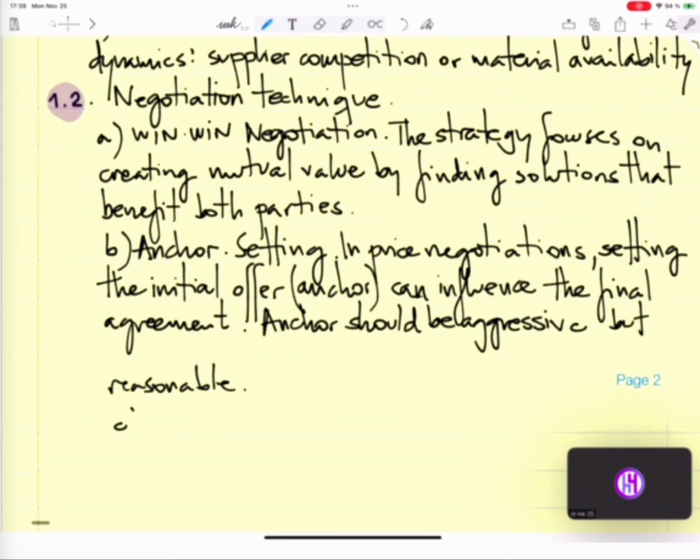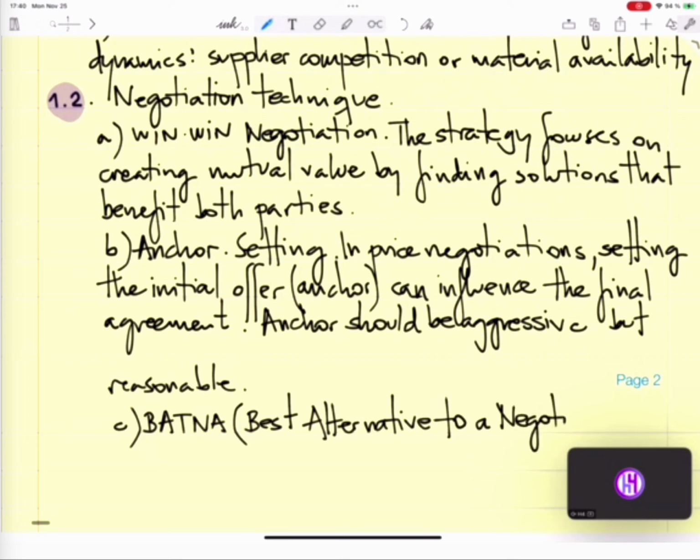The third strategy is called BATNA. This stands for best alternative to a negotiated agreement. It's also called the Harvard method of negotiation.